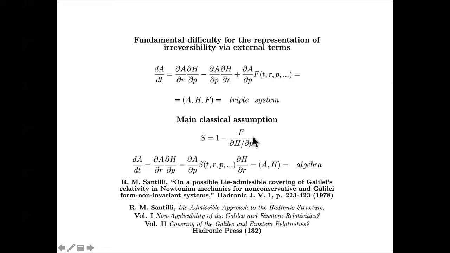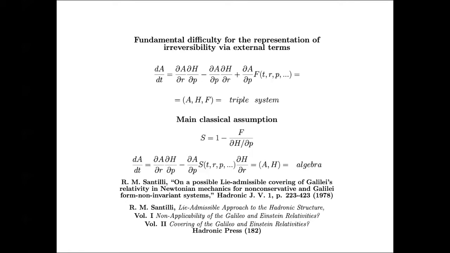Careful, in general it is a matrix, but in the one-dimensional case it is indeed a function given by 1 minus the infinite family of external forces, F, divided by the partial derivative of the Hamiltonian with respect to the linear momentum. I inserted this expression here in between the two partial derivatives of the second term of this time evolution.